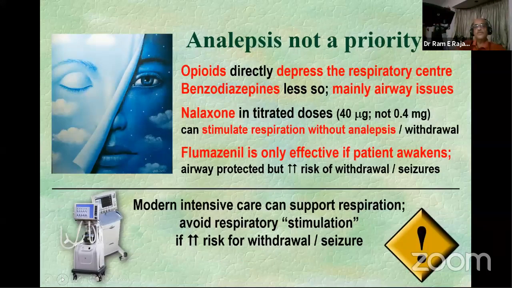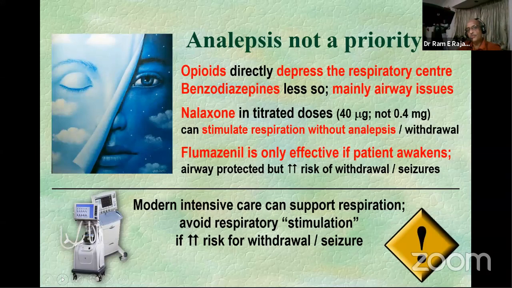And this is because the way in which naloxone works is not by awakening the patient, because naloxone today is not recommended in the old doses that we were using, about 0.4 milligrams.